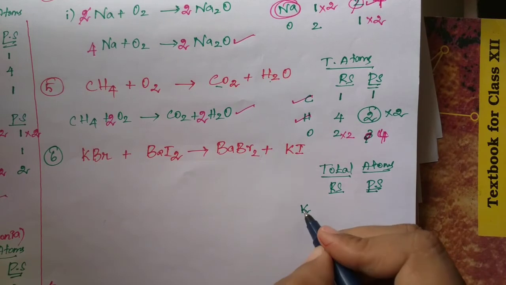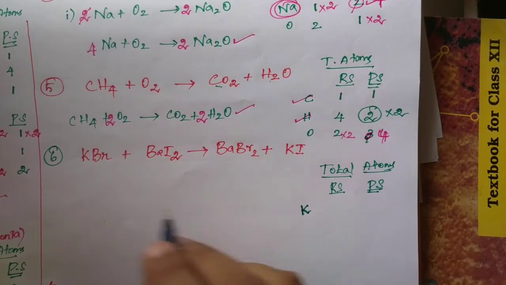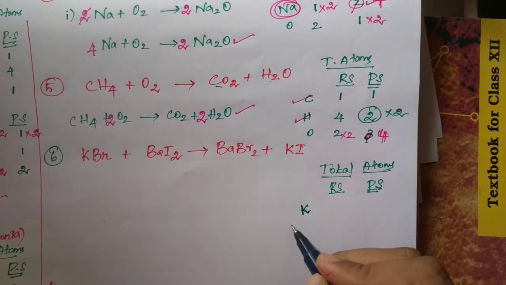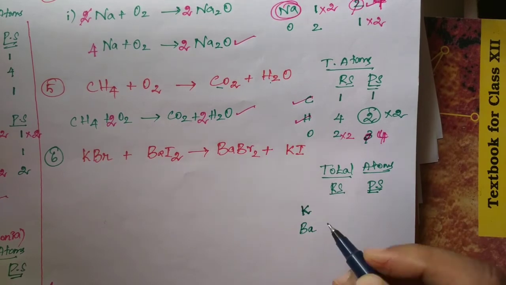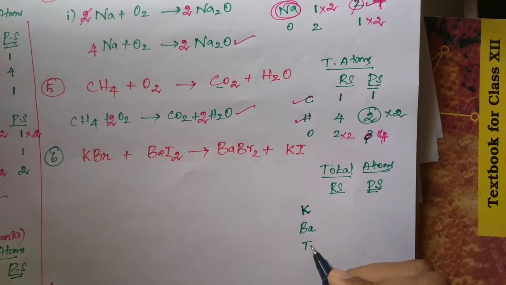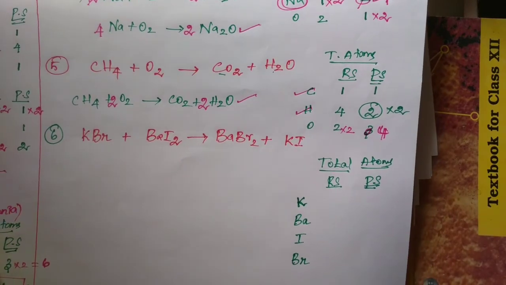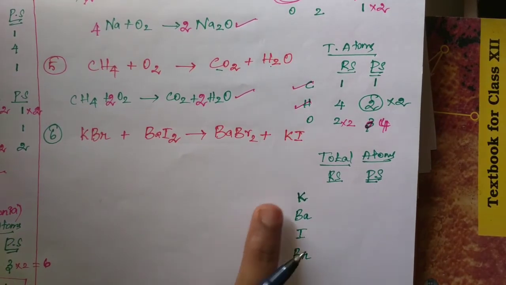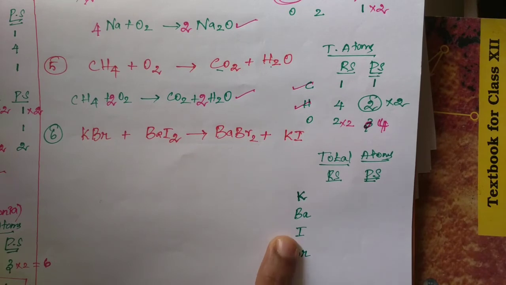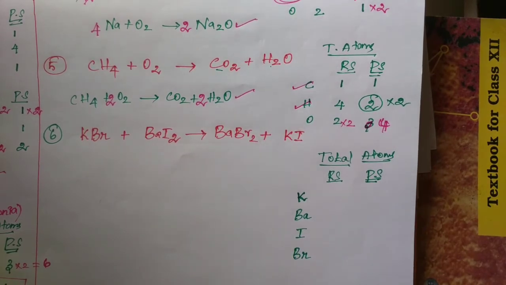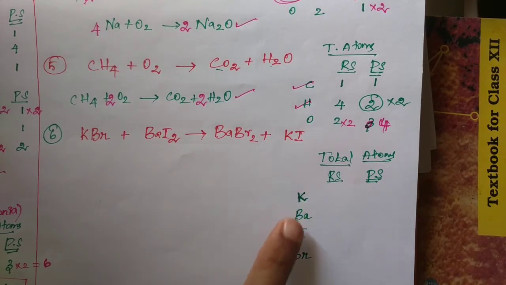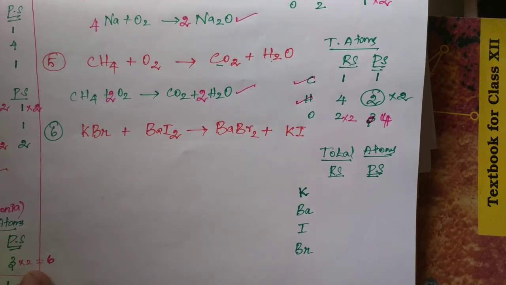Potassium. First write down the metals. So potassium and barium are metal here. Potassium, barium. Then iodide and bromine. So 4 elements are there. 2 elements are metals, 2 are non-metals. So trick number 1, count the number of atoms in both the sides.